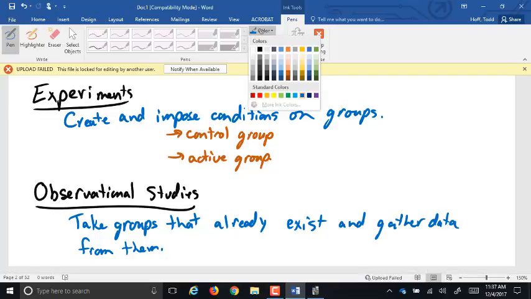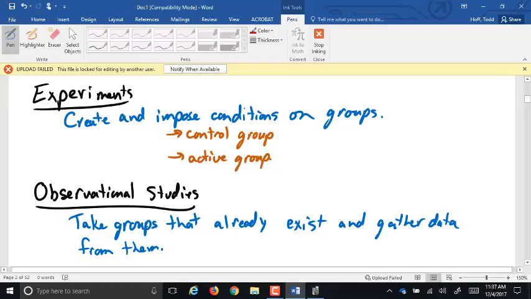Now, observational study, a lot of people read that word observational, and they think that means you just sit back and watch. That's not necessarily so. You can go in and you can gather information, you can perform tests, possibly draw blood, other things. You don't just have to sit back and watch. But the difference is in an experiment, you create the groups. In the observational study, the groups already exist.